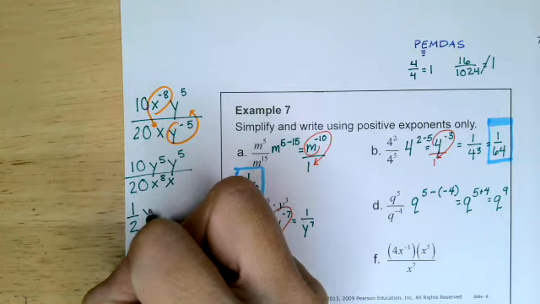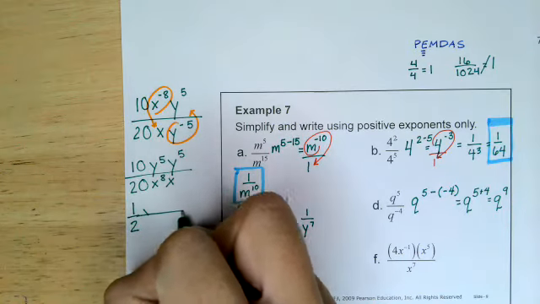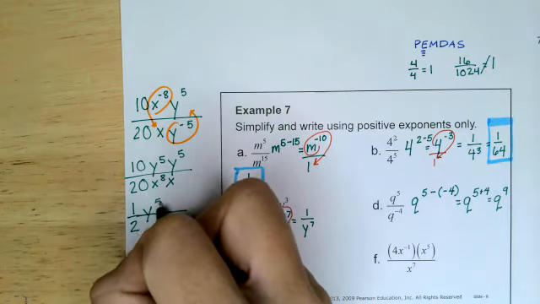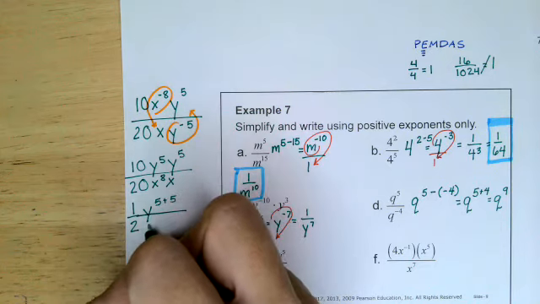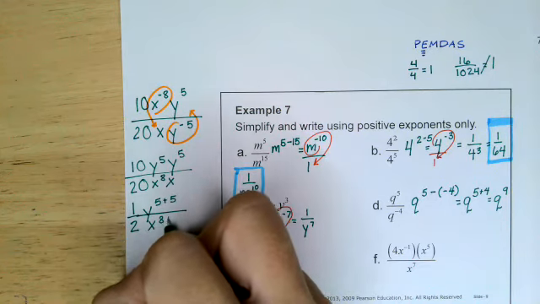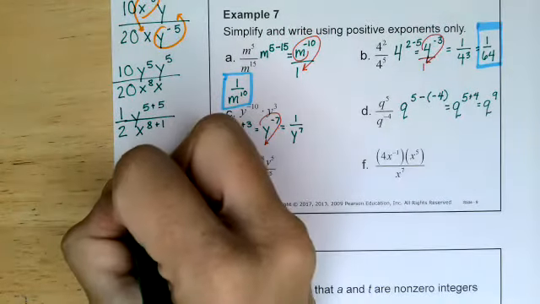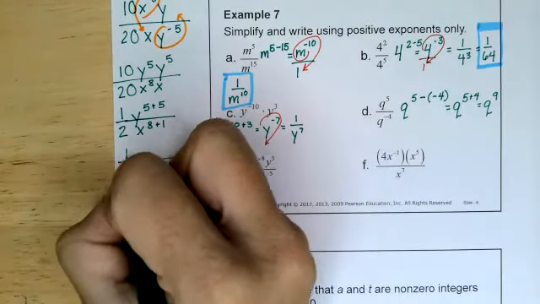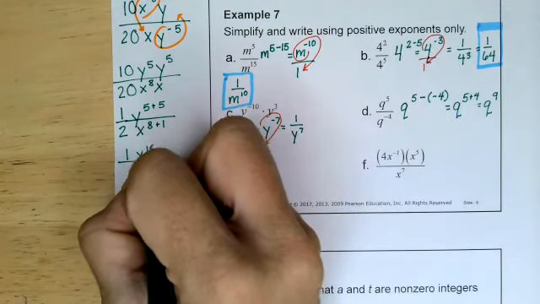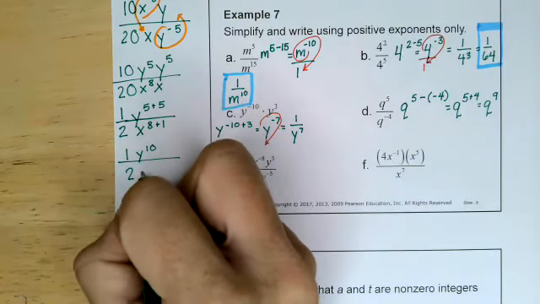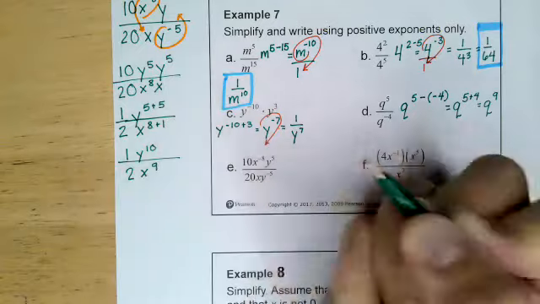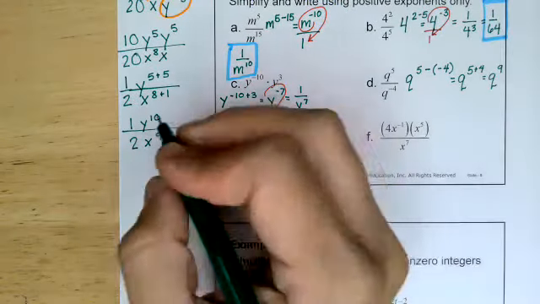Y 5 plus 5 over x 8 plus 1. I'm going to write it again. 1 for y to the 10th, 2 x to the 9th. I don't even need that 1.